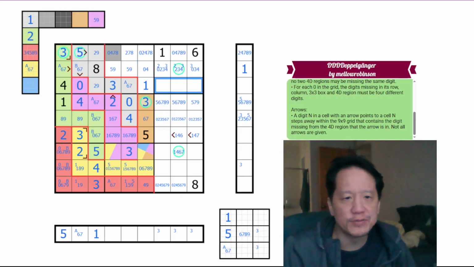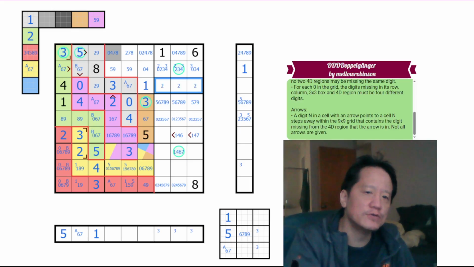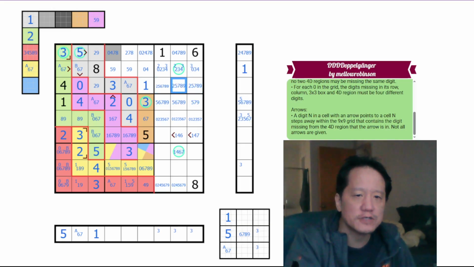Remaining digits in row 3. We have 2, 5, 6, 7, 8, 9. No 6s here because of 6 in the row, or box. Can't be 8 here because of 8 in the column. So we're missing in row 3, 2, 5, 6, 7, 8, 9 as possibilities.